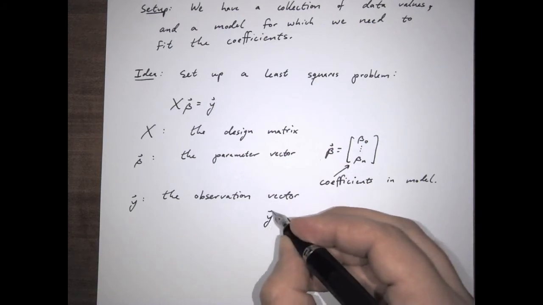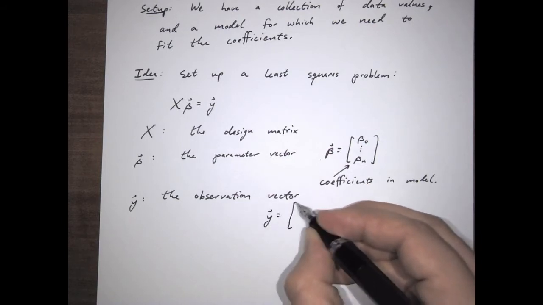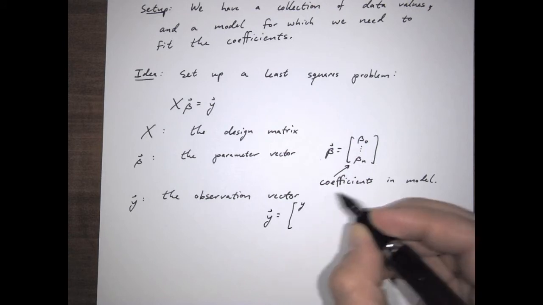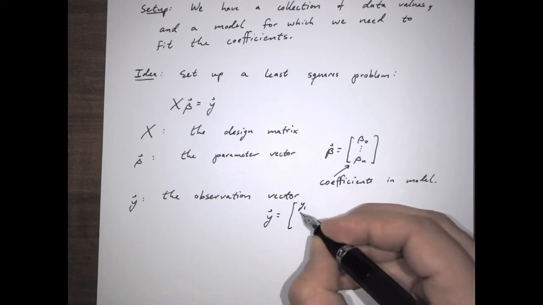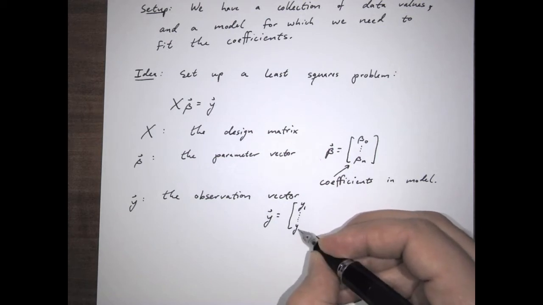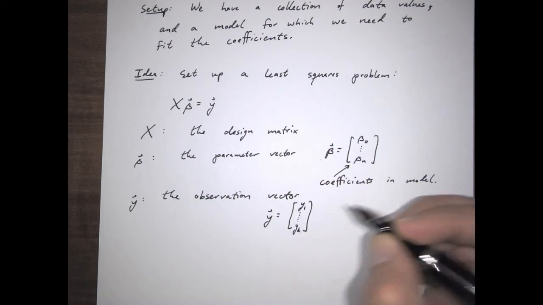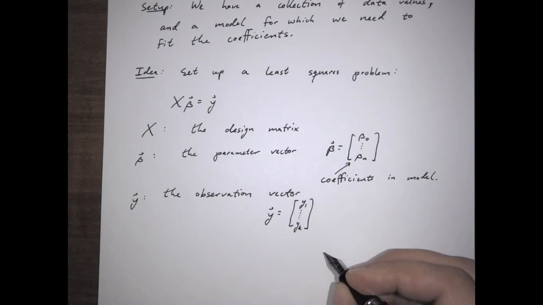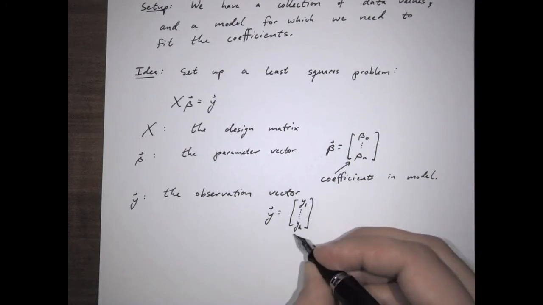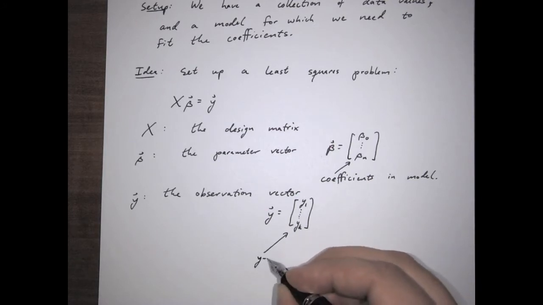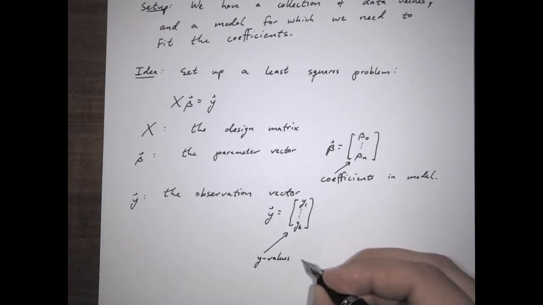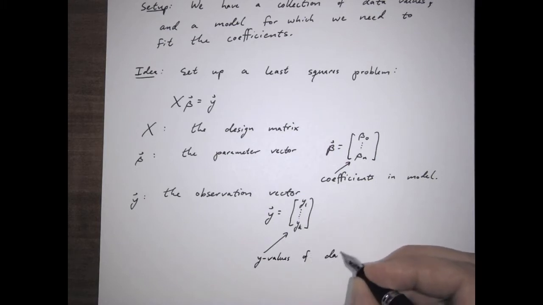In particular, y is going to be made up of the y values, y1 up to yk, where these are the y values in the data set.